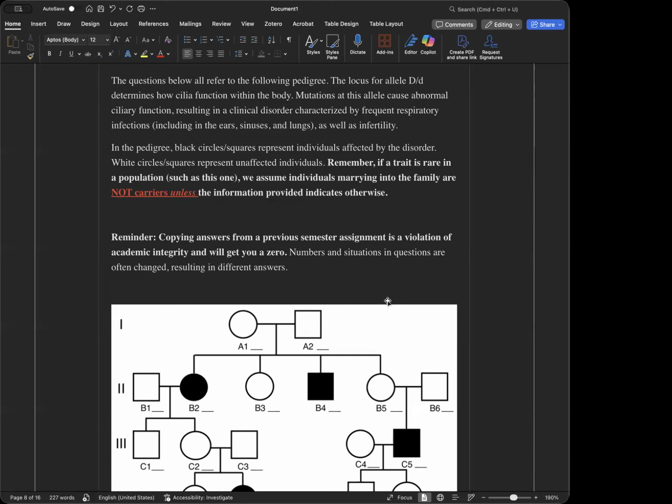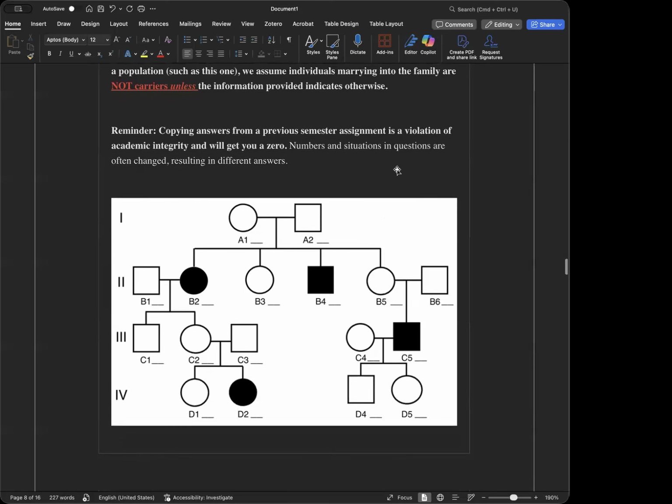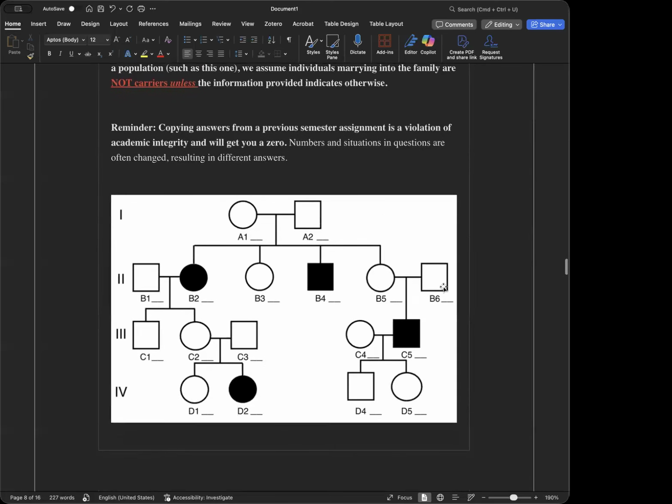In the pedigree, black circles or squares represent individuals affected by the disorder. White circles or squares represent unaffected individuals. Remember that if a trait is rare in a population, such as this one, we assume individuals marrying into the family are not carriers unless information provided indicates otherwise. Don't copy your answers from previous sections.